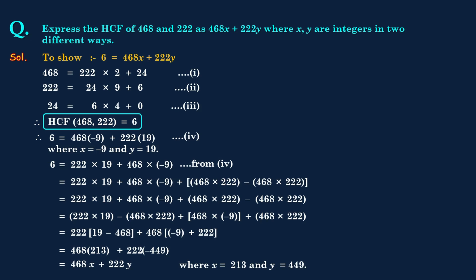So the first one, and we can also represent this 6 in this way, where x is equal to 213 and y equal to minus 449. Okay, I hope this is clear to you. I know this is a bit difficult way to solve, but I hope I explained in a simplified way. If still you have any doubt, then just go back and watch it once again. Then I hope it will be clear.